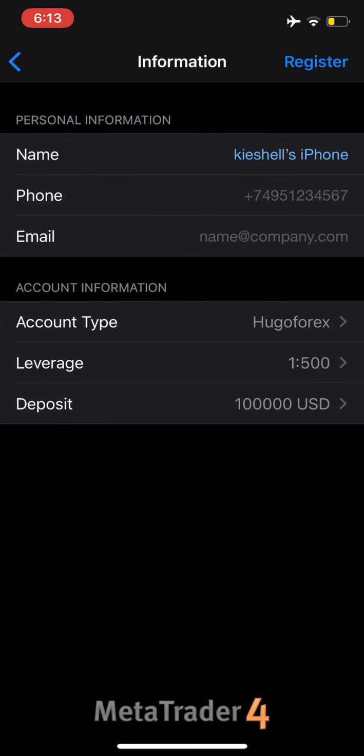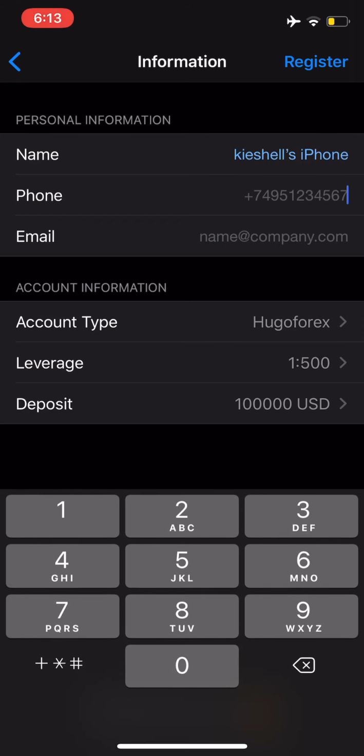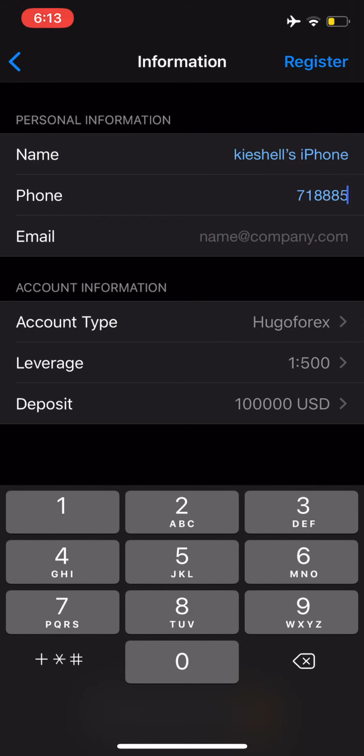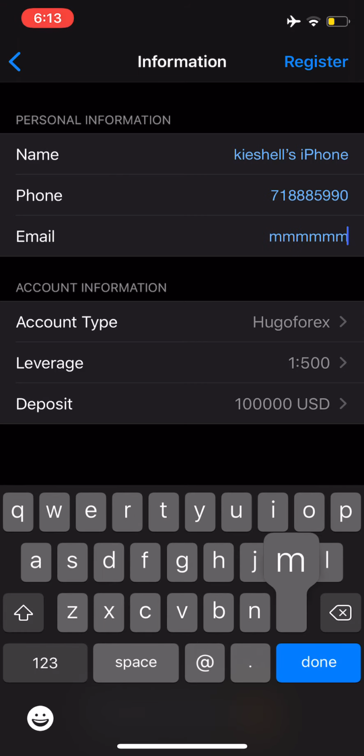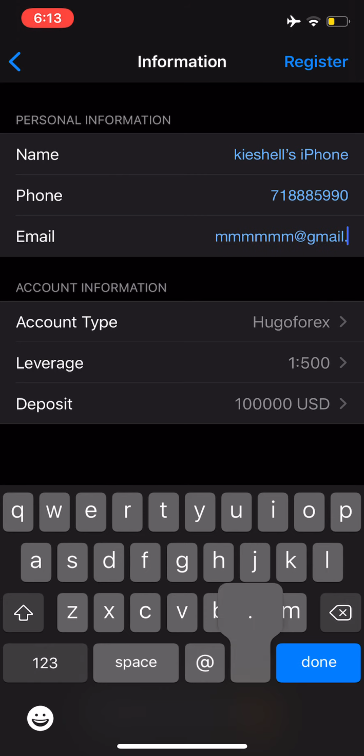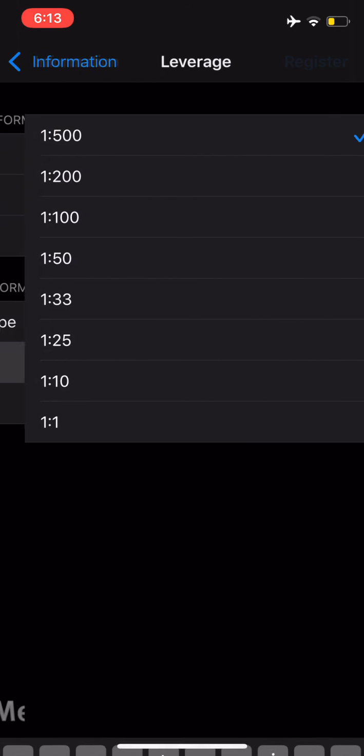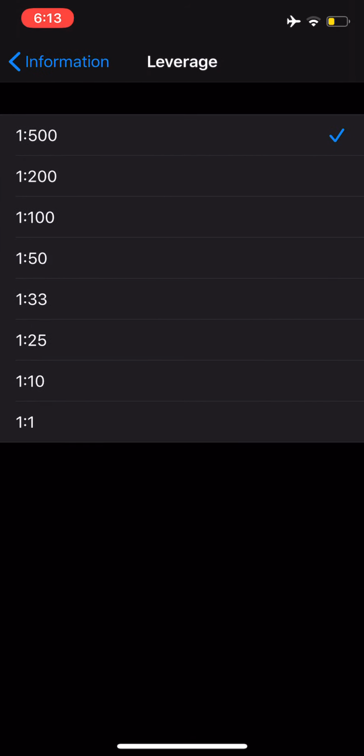and then you type in your name, your number, whatever, if you want to save that information, or you could just enter random information, to be honest, right? So this is just a random number I punched in and I put in a random email, right? And then we're gonna choose leverage 1 to 500, right?